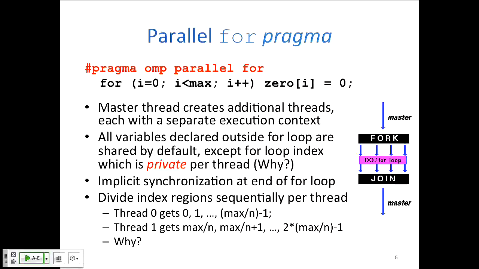N is the number of threads. Sorry, my mistake. So n is the number of threads, and we divide max by the number of threads. Thread 0 gets the first nth, thread 1 gets the next nth of the iterations, and so on. Sorry, that was my mistake. N is the number of threads, not the loop count. Max is the number of iterations in that loop.